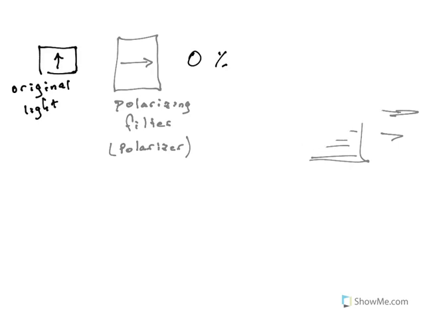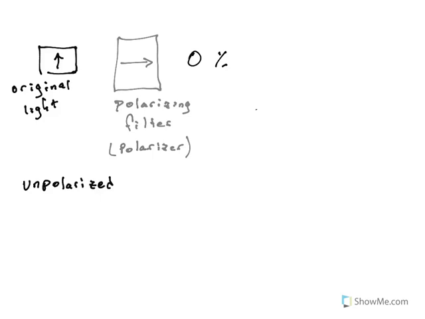So, how is this helpful? Well, one way of considering how polarization can be helpful is to think about the sun. The light from the sun comes out what's called unpolarized.